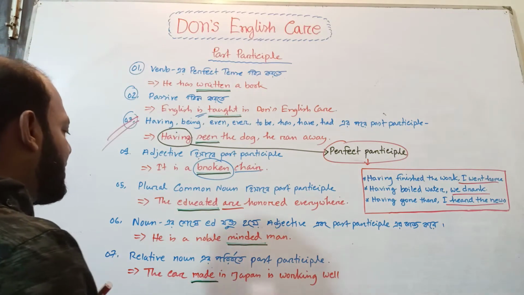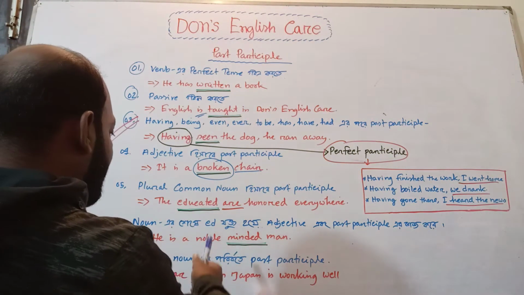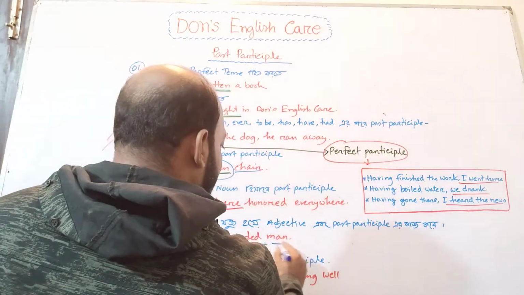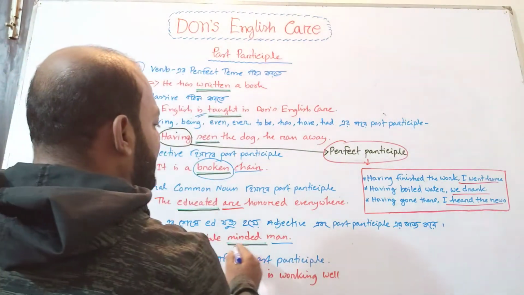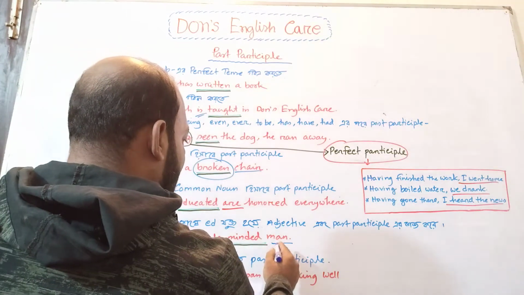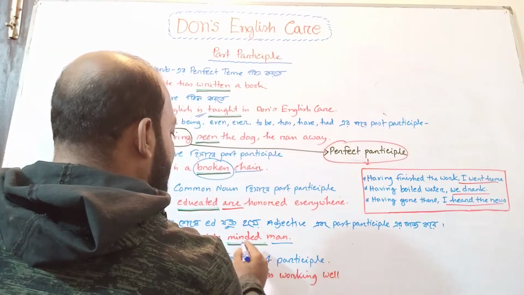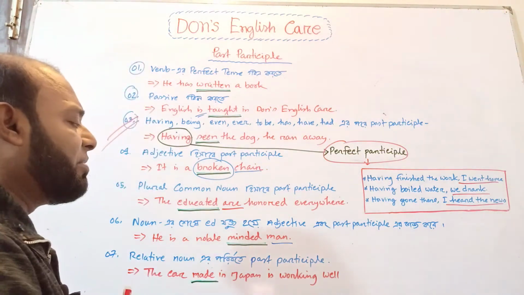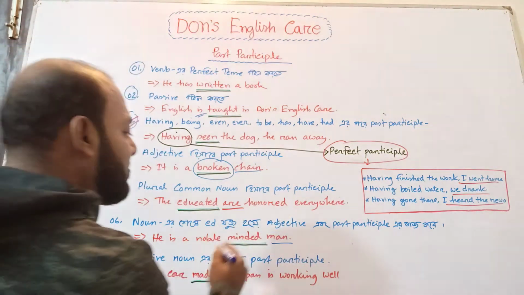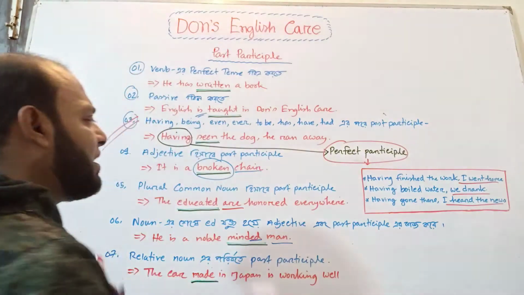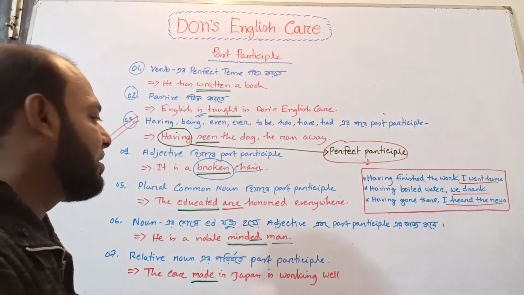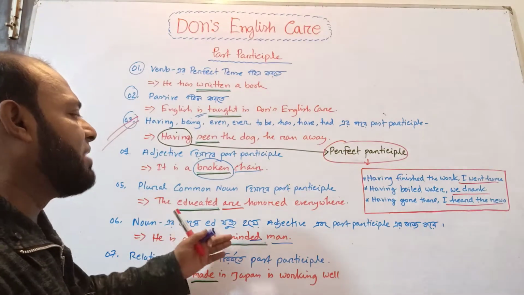Number 6, if we add man, here is a noun: he is a noble-minded man. Man is a noun, and mind is also a noun. But if a noun has ed added at the end, it works as an adjective, and it works as a past participle form. He is a noble-minded man.